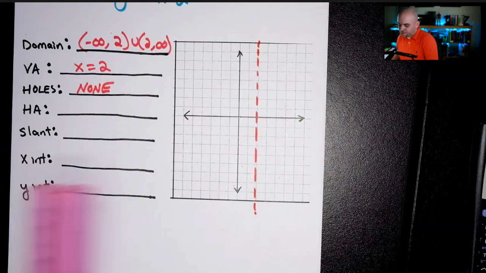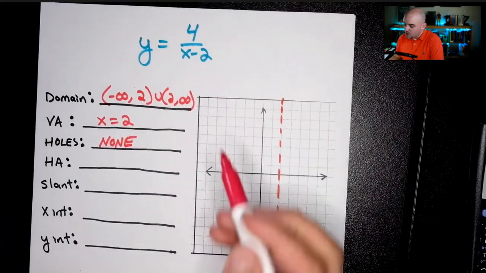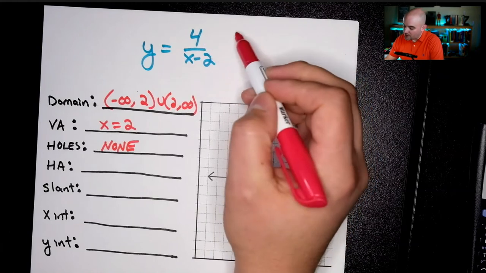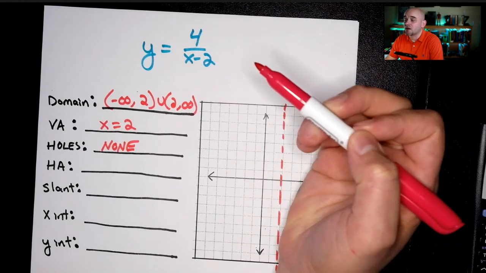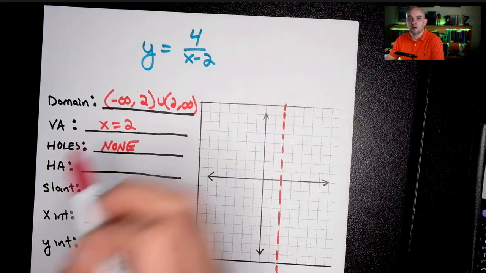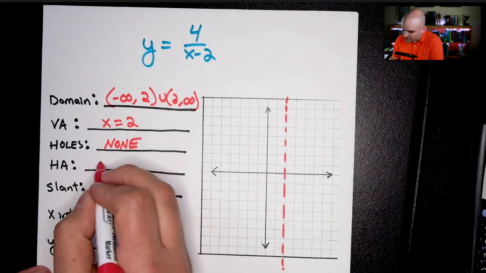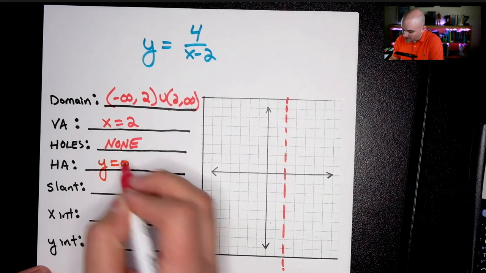There we go. The next thing is, is there a horizontal asymptote? Notice that the degree of the numerator is 0 and the degree of the denominator is 1, which means the degree of the numerator is less than the degree of the denominator. From our last video, we learned that means there is a horizontal asymptote at y equals 0.